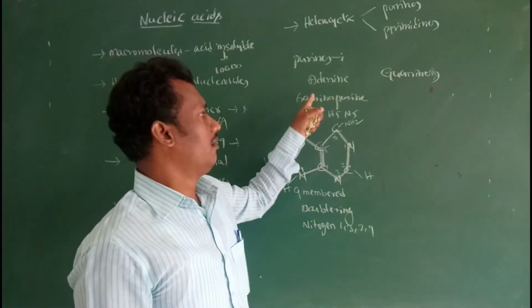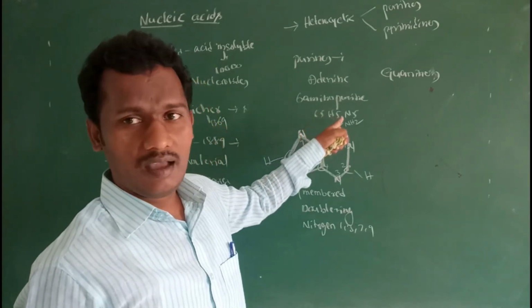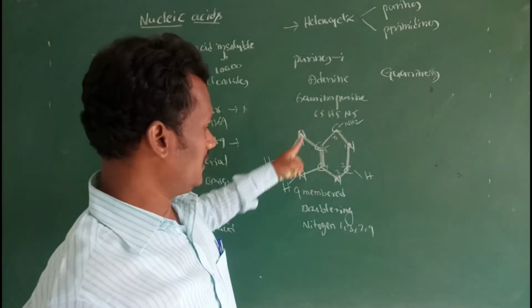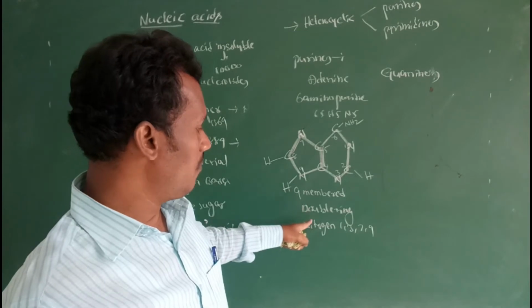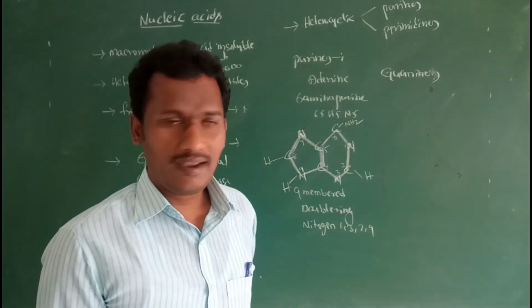So adenine is also called 6-aminopurine, C5H5N5. It is a 9-membered structure with a double ring, and the nitrogen positions are 1, 3, 7, 9.